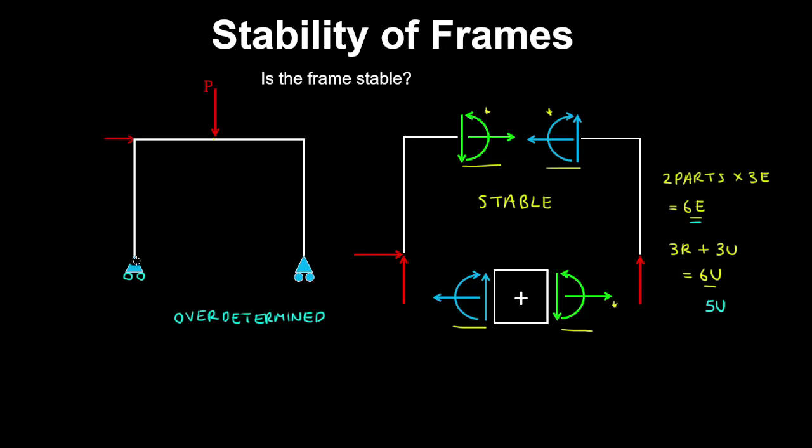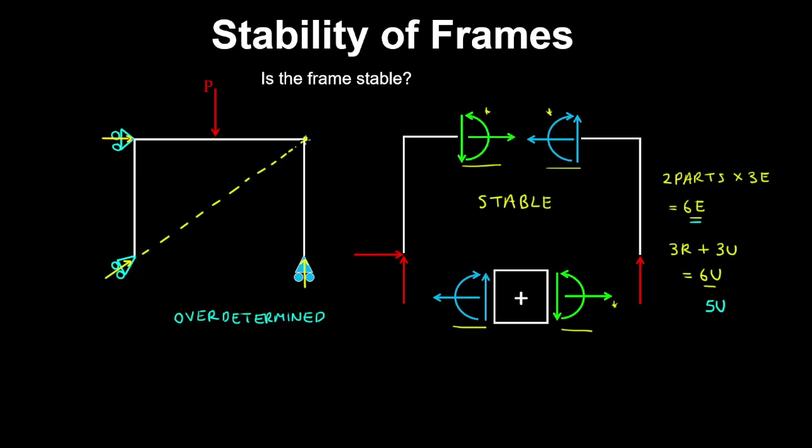And similar to trusses, if we had this roller oriented as follows, and we had another roller over here, well, the lines of action in this case are going to pass through a common point.